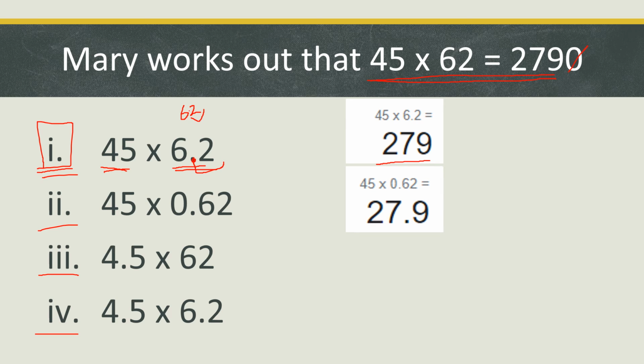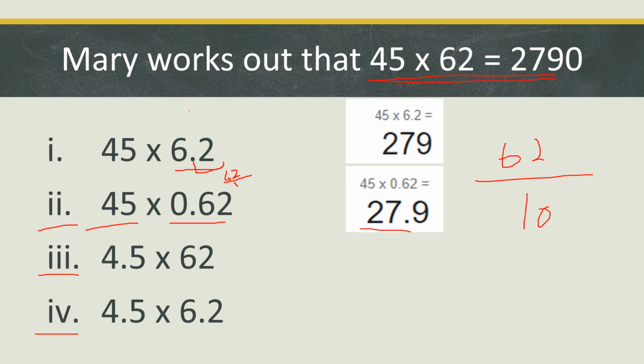The answer for question 2 is 27.9. So 45 multiplied by 0.62 will give us the answer 27.9. It's the same as the first one. It's just that now we are dividing 62 by 100. So when we divide 62 by 100, we'll get 0.62.